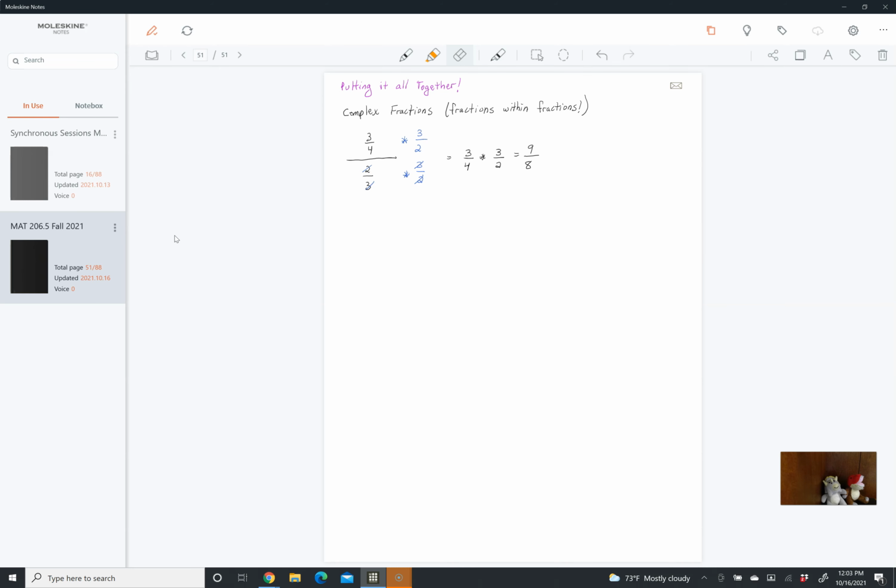Okay, but this can be a little bit more complicated than just one fraction over another one fraction.